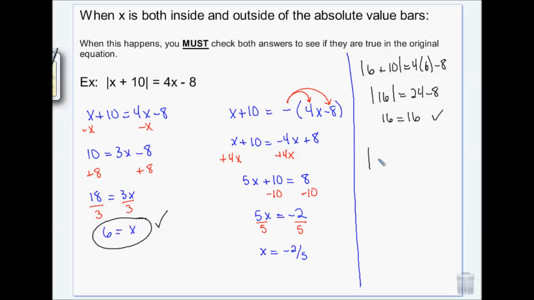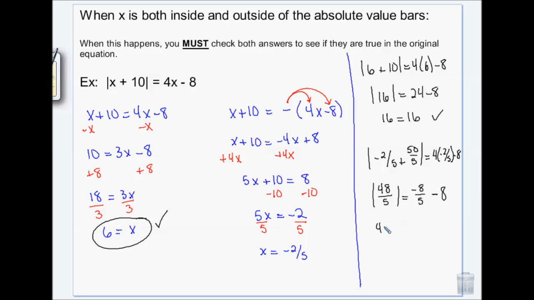And then I get negative 2/5 plus 10. Well, 10, if I put it into terms of fifths, is 50/5, is equal to 4 times negative 2/5 minus 8. Sorry, that's really squished. So this is 48/5 is equal to negative 8/5 minus, if I do negative 8, that's going to give me a negative something, right?